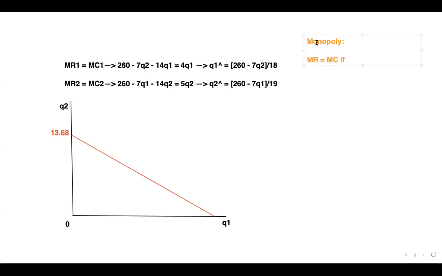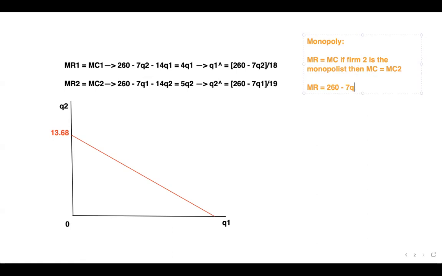But in this case, if firm 2 is the monopolist, then MC is just equal to MC2, right? And the marginal revenue, not the residual marginal revenue, but the marginal revenue for the whole market, is just going to be 260 minus 7Q.